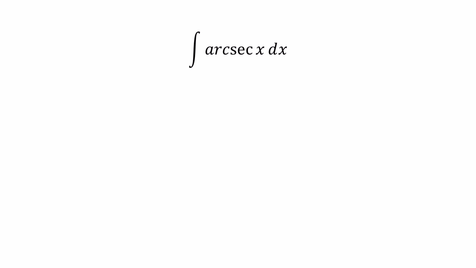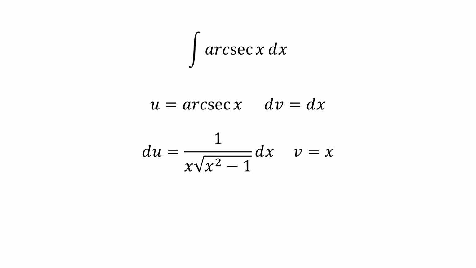We begin by integrating by parts. Choose u equals arc secant of x and dv equals dx. Then du equals 1 over x square root of x squared minus 1 dx and v equals x.